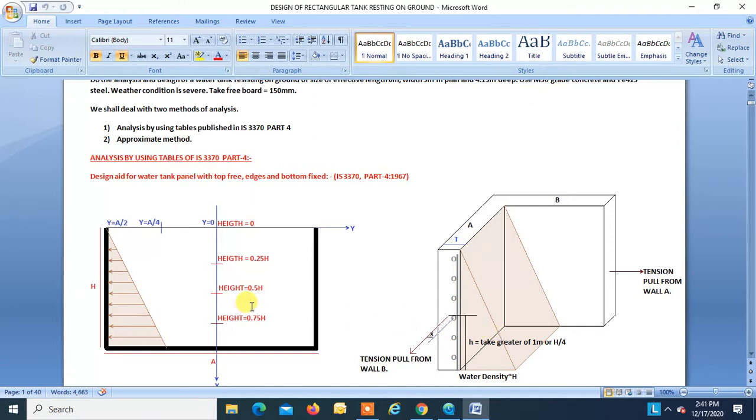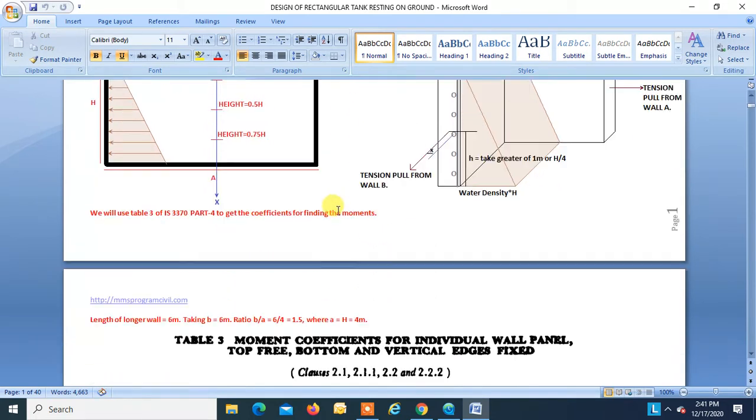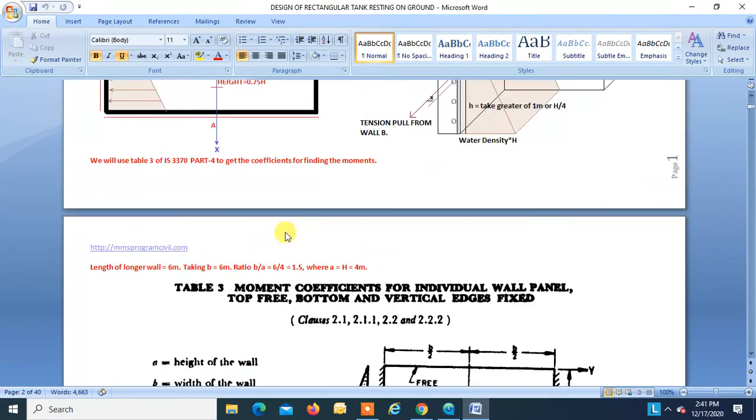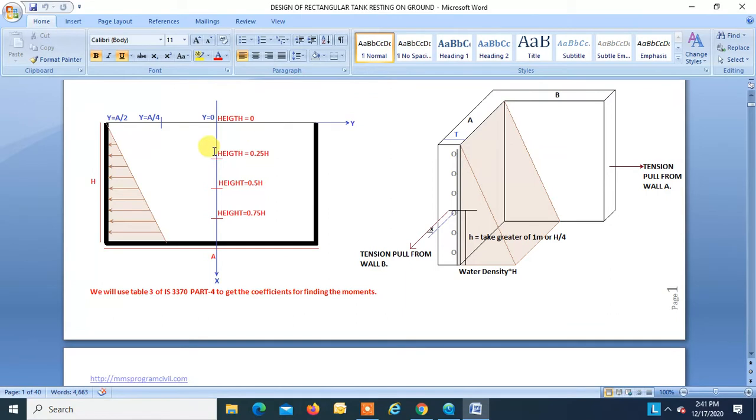So we will use Table 3 of IS 3370. Table 3: moment coefficients for individual wall panels, top free and bottom and vertical edges fixed. So top is free, and vertical edges and bottom are fixed.